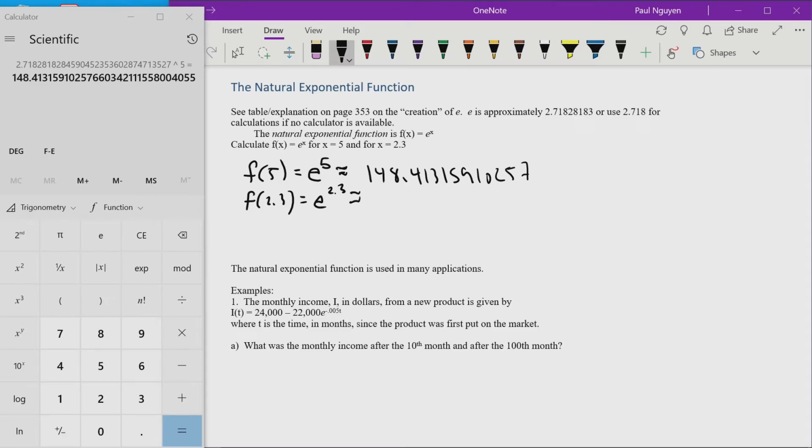We'll again use our calculator. That's e to the power 2.3, and we get 9.974182454814, for instance.